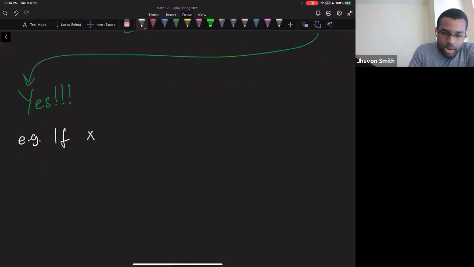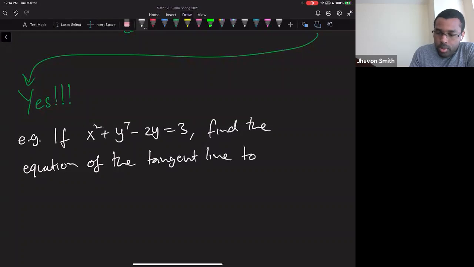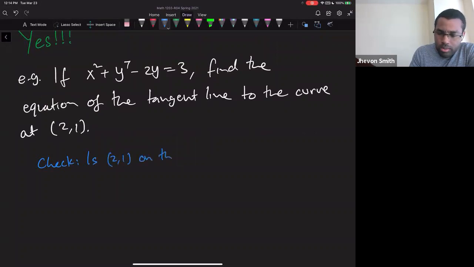If x squared plus y to the 7th minus 2y equals 3, find the equation of the tangent line to the curve at the point (2, 1). Now, I want you to check, is (2, 1) on this curve?